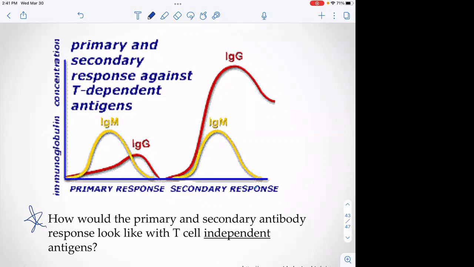If this was our first response, what would our second response look like? How would that be different? Yeah, there wouldn't be memory cells, so it wouldn't do it faster. Right, good. Because there's no memory cells, it wouldn't make antibody any faster, and it wouldn't make more.